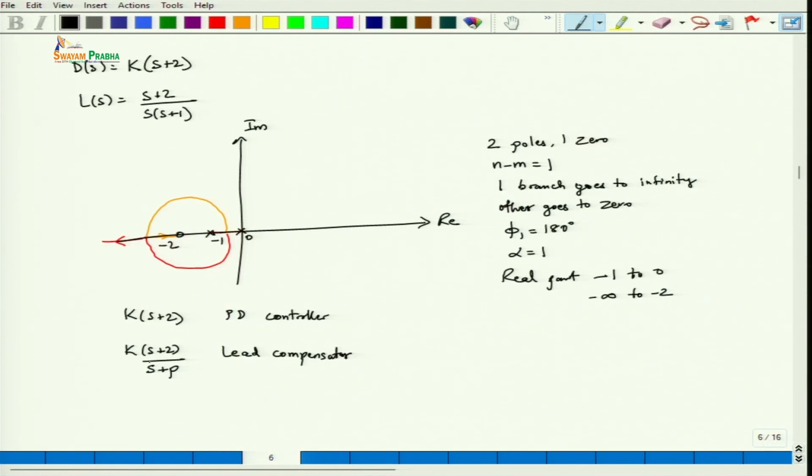But we also need a pole, because just with the addition of a 0 this becomes a PD controller which is not advisable. So we formulate a lead compensator.